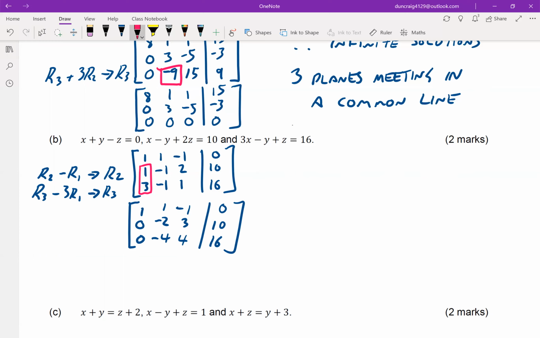Okay, and then in this final one, I want to make that one there a 0. So if I do row 3, take 2 lots of R2 and put it back into R3.